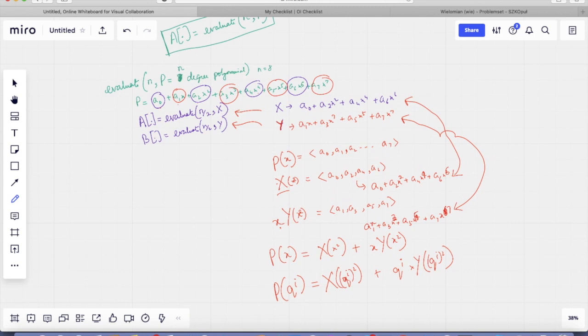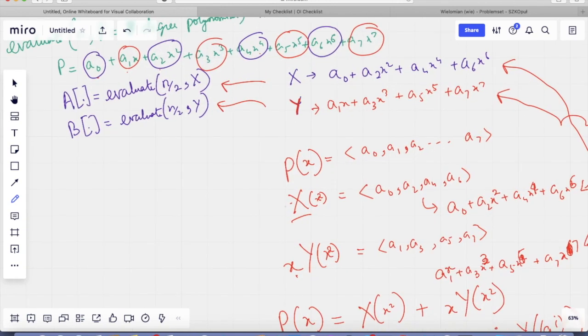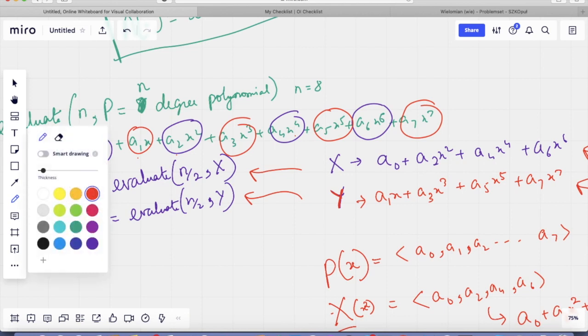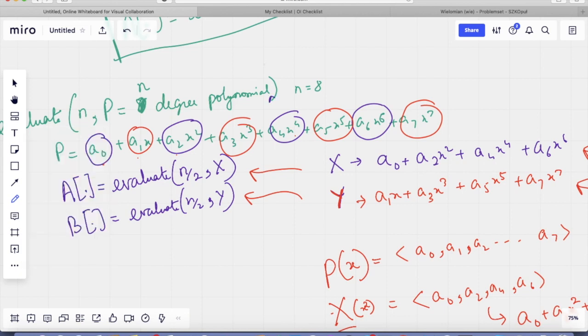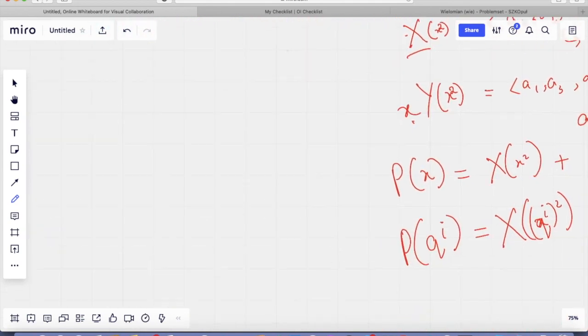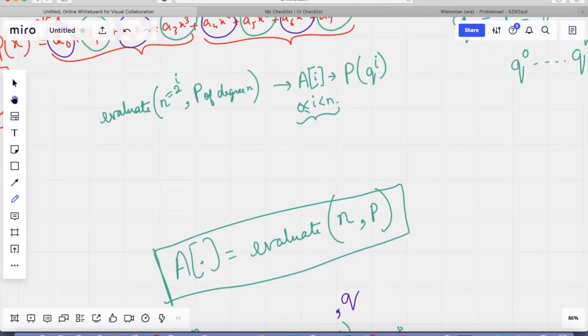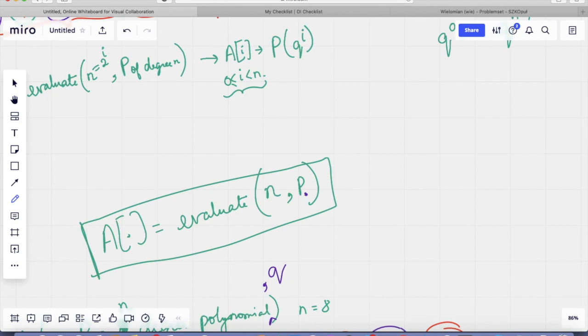So only with n and this vector, we cannot convey all this information. So we add another field to the recursive function. The third field will be the value of q. So again, in our final answer, what did we want? We wanted to evaluate n comma p comma q, right? Whatever q we are given.